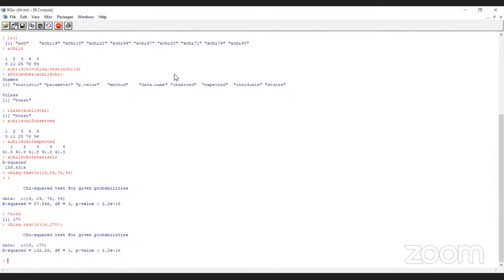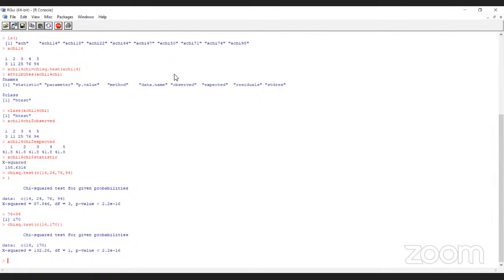When you have a larger number of categories, your degrees of freedom will be high. But when there are fewer categories, because here it is DF 1, that means your chi-square distribution is poor.